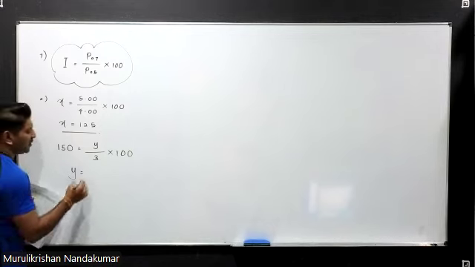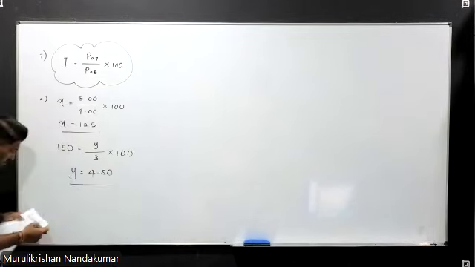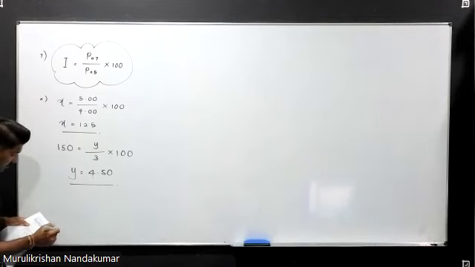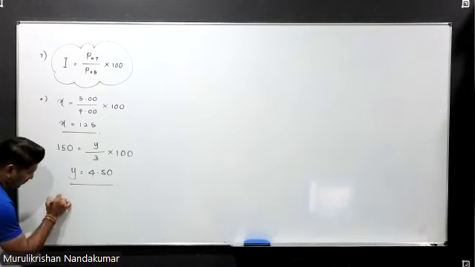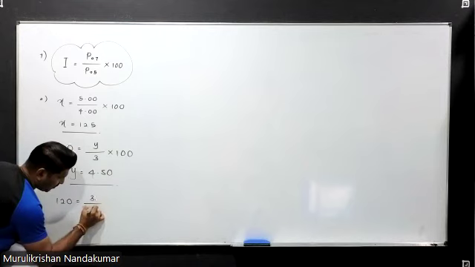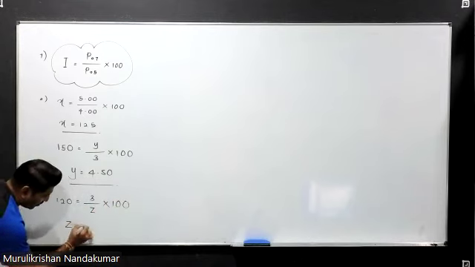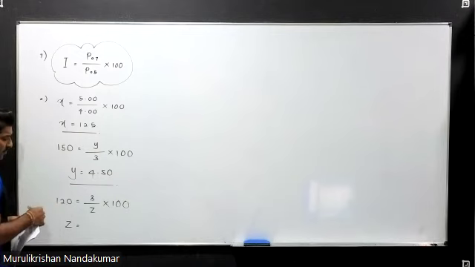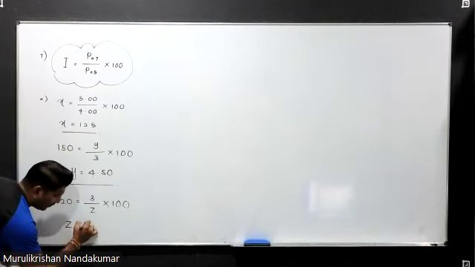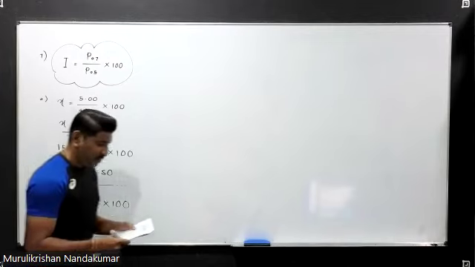Is that 450? 4.5. Yes, sir. Okay. What is that? 2.5. 0.5. Okay, done. So X, Y, Z complete.